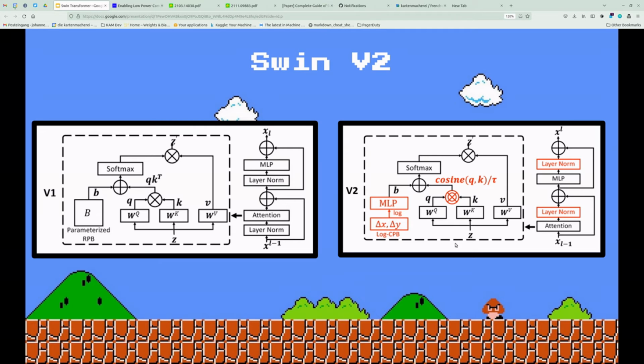A really easy thing to see is that they moved the layer norm to be after the attention, post-attention, I think they call it, and after the MLP, not before it anymore.